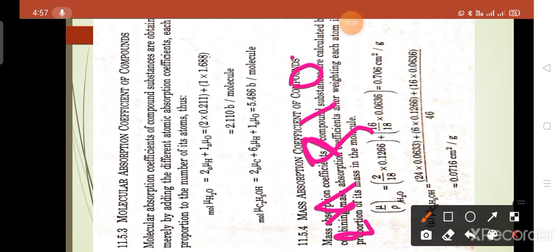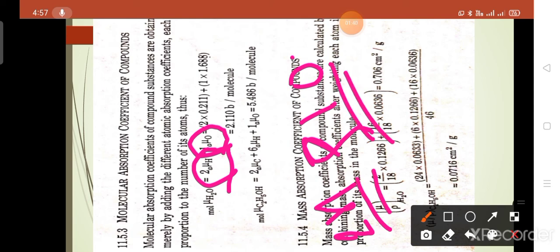That's why we have to take the atomic absorption coefficient of 2 hydrogen atoms plus that of 1 oxygen atom.